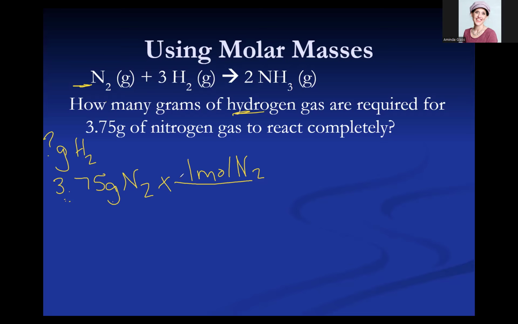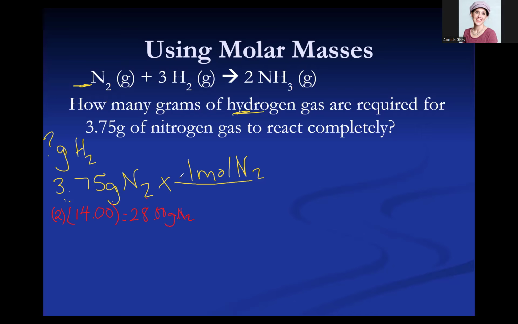This is where I use the periodic table and I find my molar mass. Here I have 2 of my nitrogens and I'm multiplying it by 14.0 because that's what the molar mass of nitrogen is if you look in the periodic table. So that gives me 28 grams of N2.